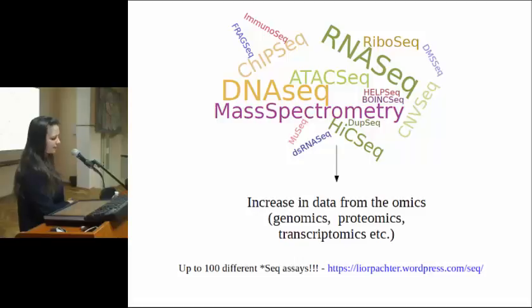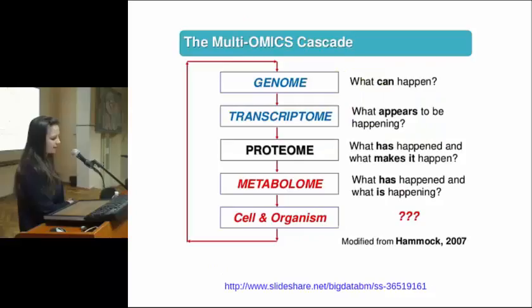And in its way, it has led to the development of multi-omics approaches, so transcriptomics, proteomics, and so on. People used to study it within one type of data, but nowadays it's not the case.